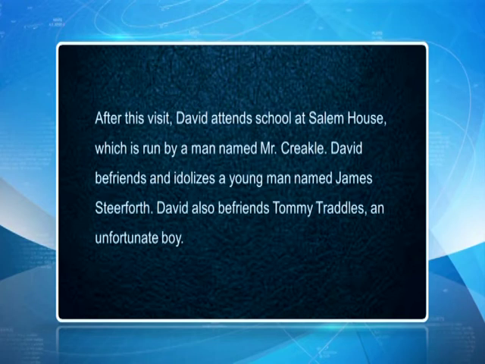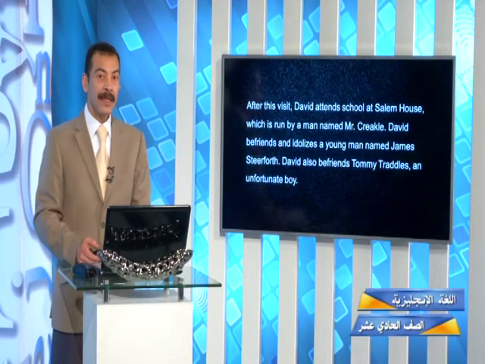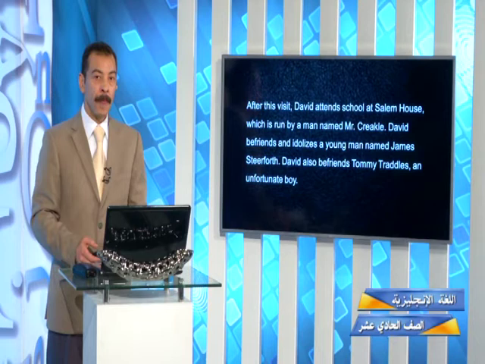After this visit, David attends school at Salem House, which is run by a man named Mr. Creakle. David befriends and idolizes a young man named James Steerforth. David also befriends Tommy Triddles, an unfortunate boy. Okay, as a young boy, he had to go to school. But for David, he was obliged to go to a boarding school.